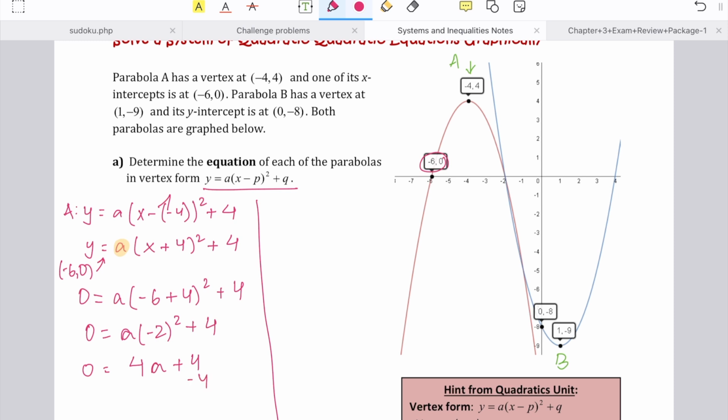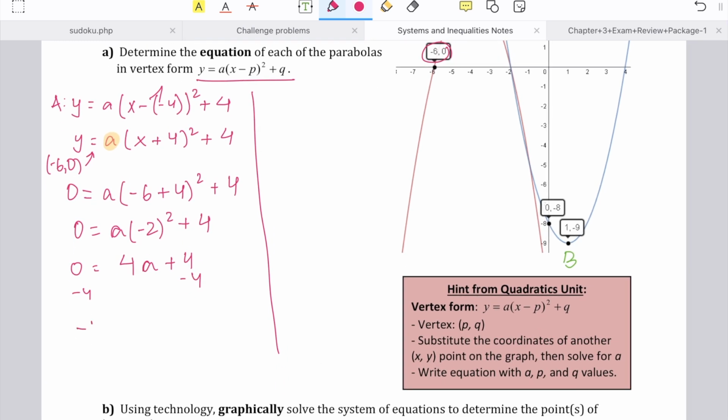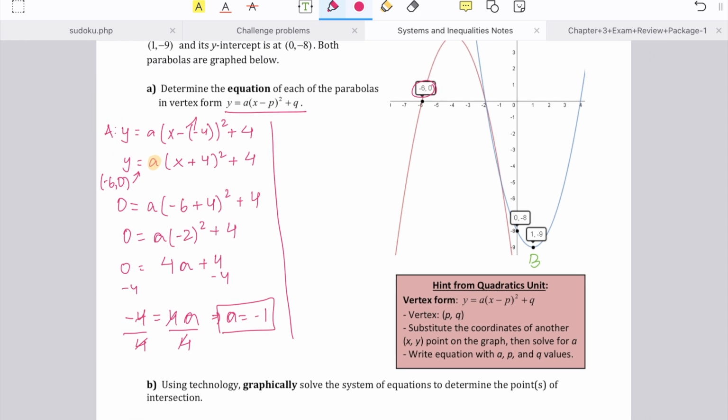Subtract 4 on both sides, I get -4 is equal to 4a. Divide 4 on both sides, and I get a is equal to -1. So I'm not done yet. I'll have to substitute this into this equation. So it will be y is equal to -(x + 4) squared plus 4.